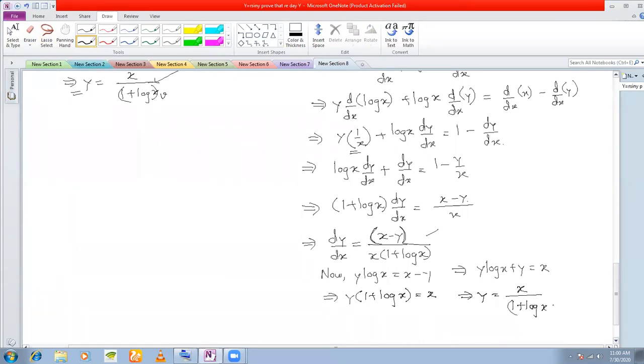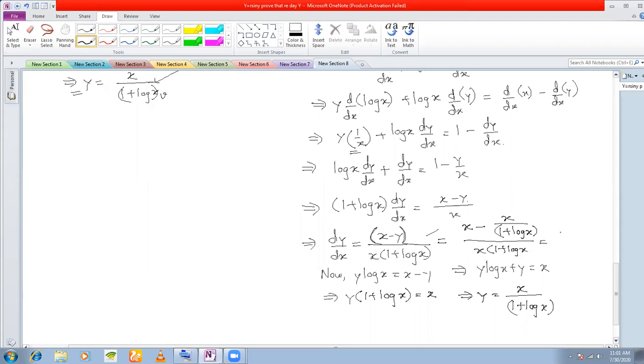Okay. Now I've got dy dx here. I'll simply substitute the value of y. So x minus x by 1 plus log x, and you already have x into 1 plus log x. There is no y in the denominator.